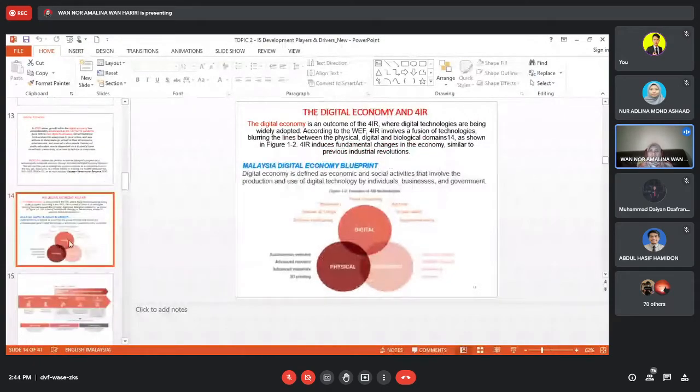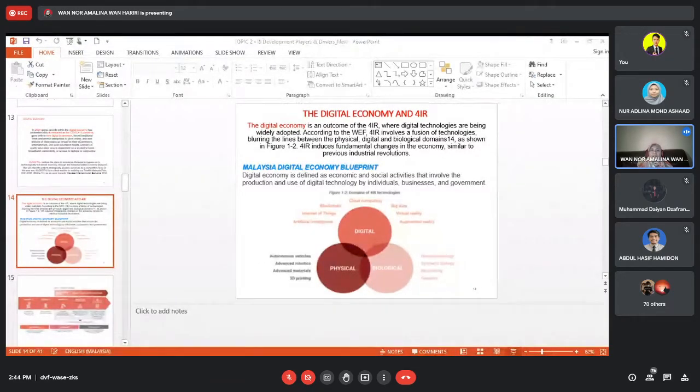So digital economy and 4IR. What is this? This is where digital technologies are being widely adopted.